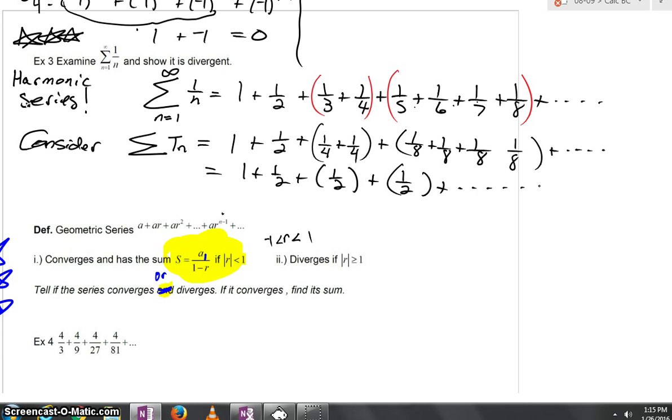Do you think you're going to level off to something like 1/3 or some fixed value? Would you agree you're going to head off towards infinity, albeit very slowly? Just keep adding that. So we can say that this series right here, T sub n, diverges. You can say it's actually going to approach infinity.